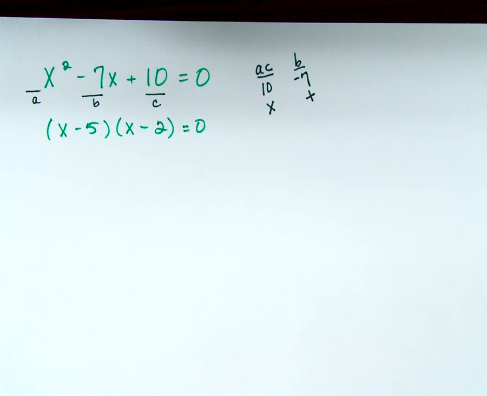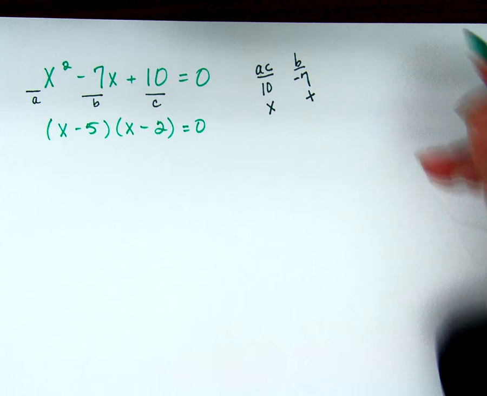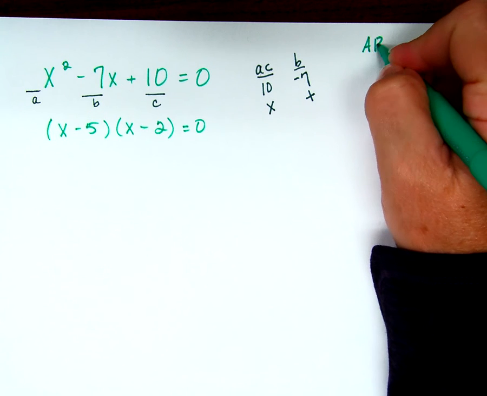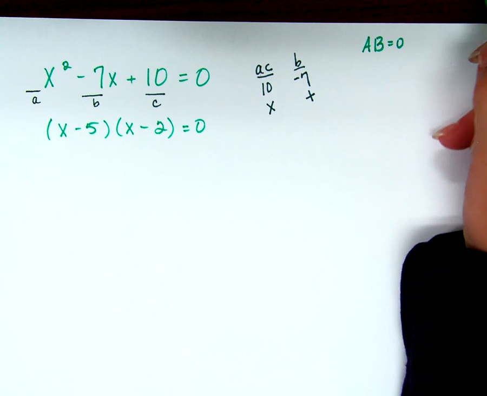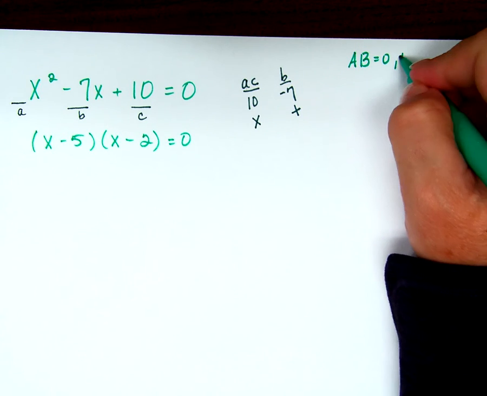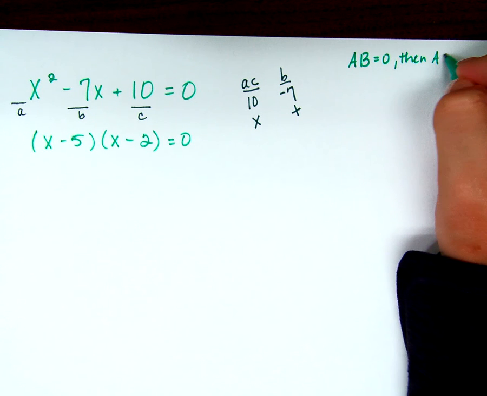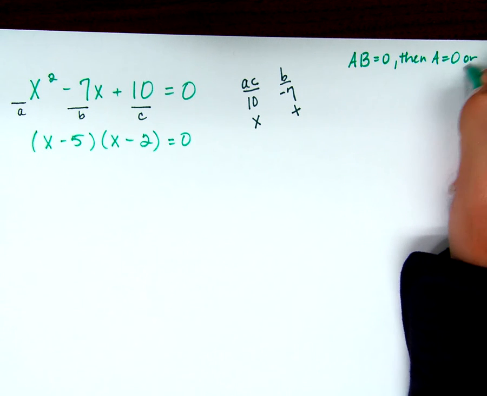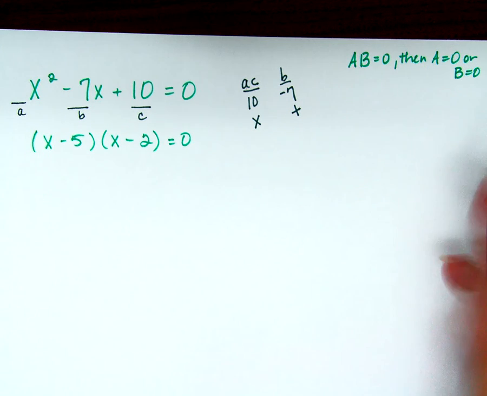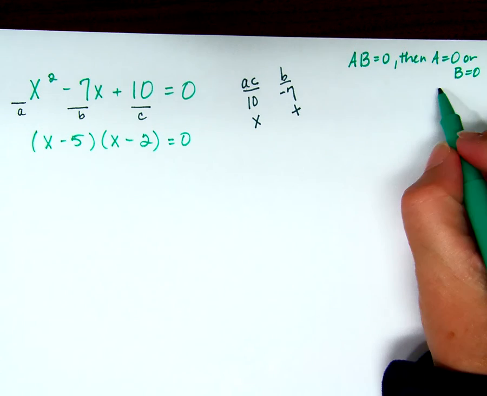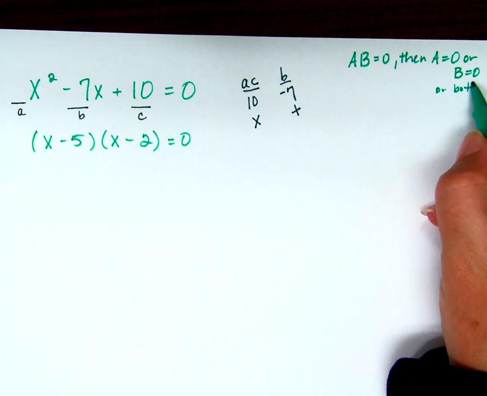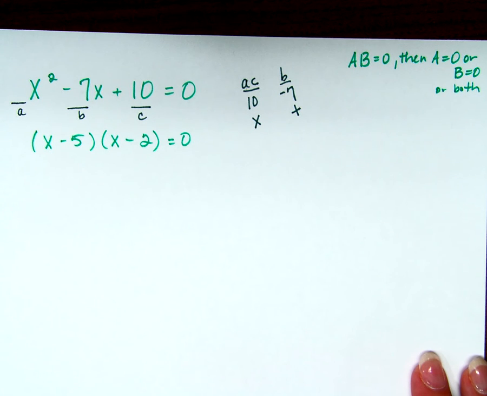equals 0, okay? There's actually a property in algebra, in math, that says if A times B equals 0, then A equals 0 or B equals 0 or both. Okay?